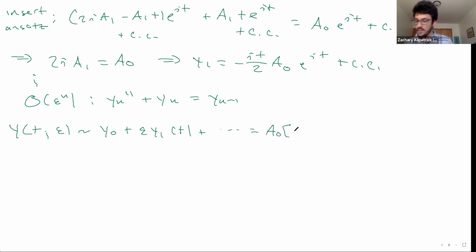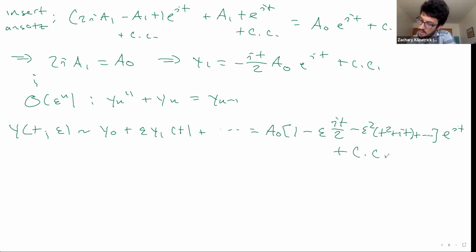But you get A0 (1 - epsilon it/2 - epsilon squared (t squared + it) to your next term, and so on), all times e^(it) plus some complex conjugate.